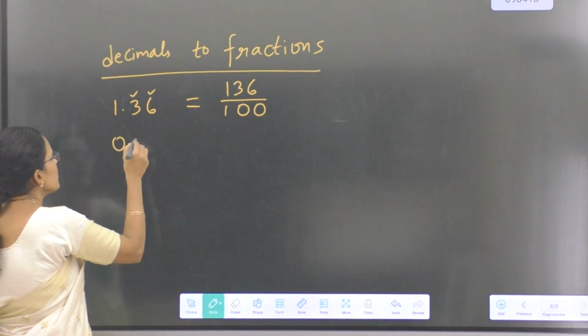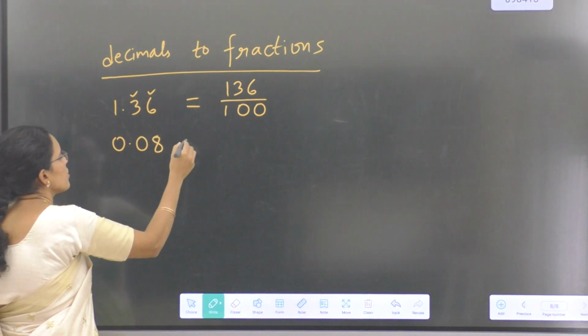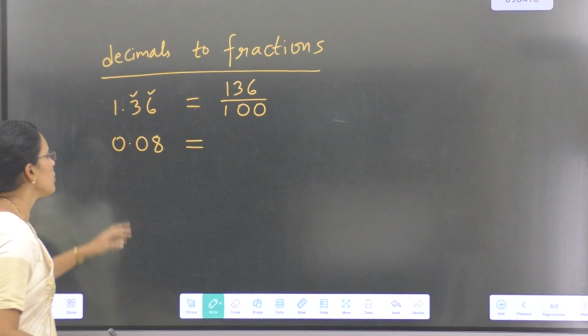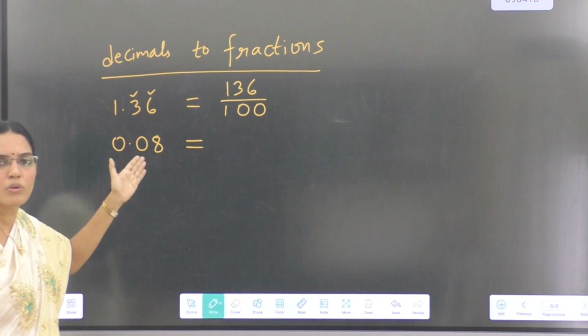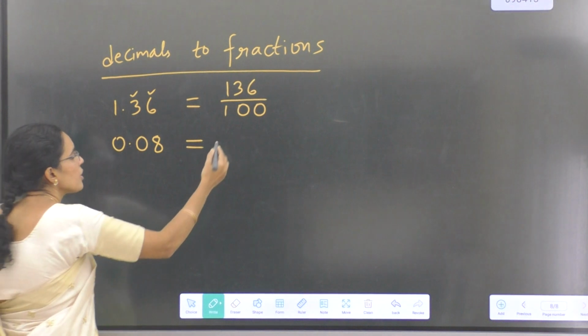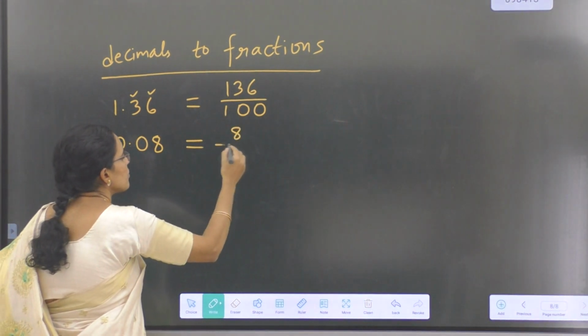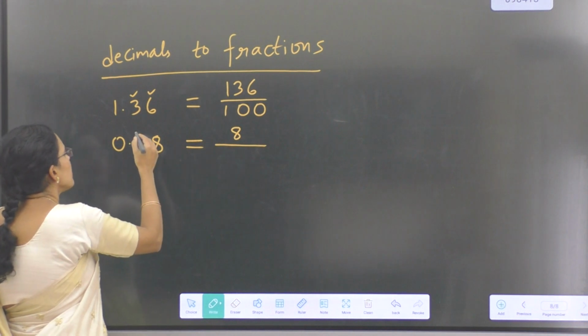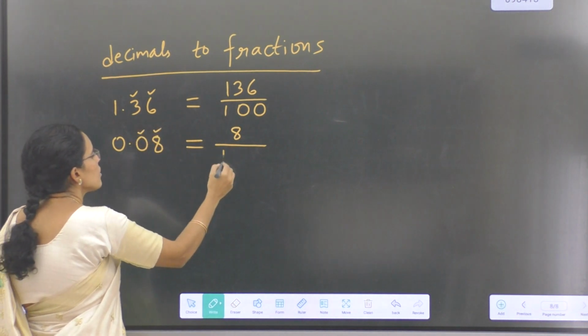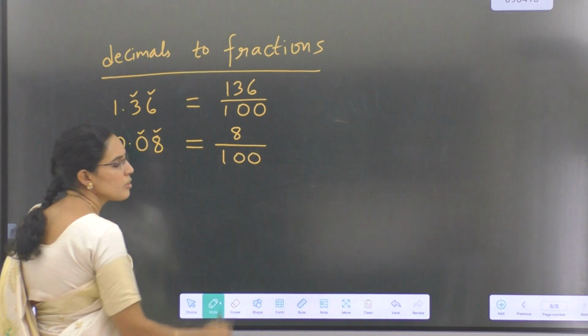For example, if it is 0.08, then without the decimal point, the number is 008. 008 is nothing but 8 only. Generally there is no value for 0, 8 only. And here 2 decimal places, therefore 1 followed by 2 zeros.